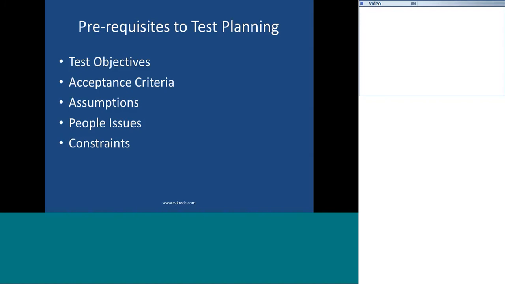The next one is the acceptance criteria. This one we talked about in test strategy preparation. So we should be aware of the acceptance criteria. It defines when exactly we can stop testing. So once we meet this acceptance criteria, the customer is ready to accept the product.